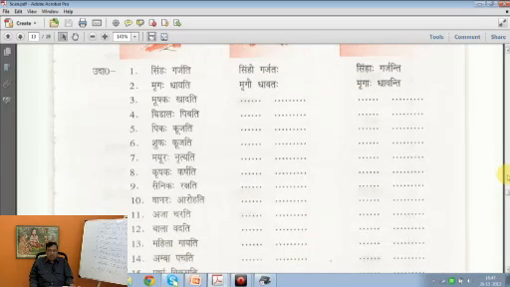Then sainikaha rakshati, a soldier protects. Sainikau rakshataha, sainikaha rakshanti. Vanaraha arohati, arohati meaning climbing. Vanaraha arohati, vanarau arohataha, vanaraha arohanti.